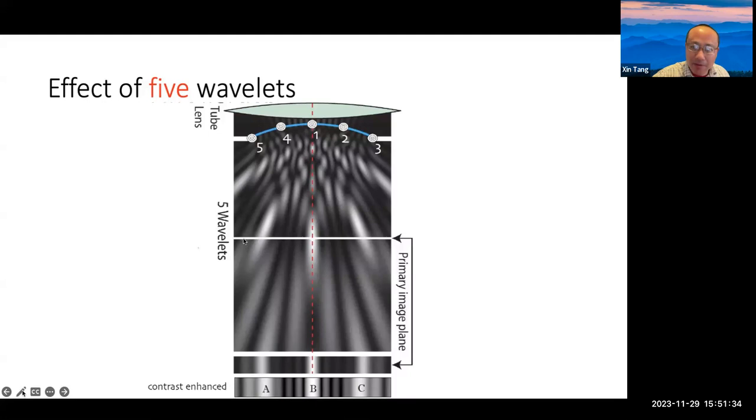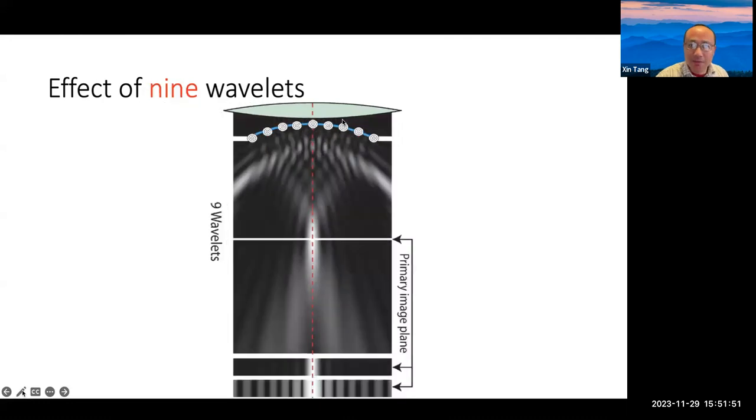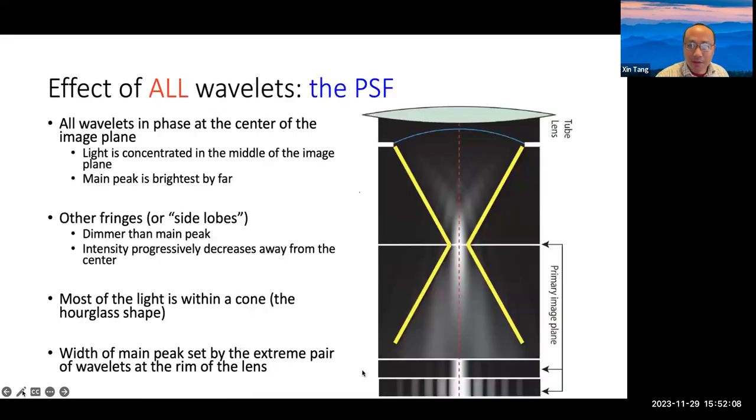If all of them interfere on the imaging plane, on the camera chip, they will generate this kind of pattern. That's if only 5 wavelets. If you increase it, if you have more, then you will find the center point, this is the focal point, becomes more and more strong, brighter, and the other parts receive more destructive interference, becoming less now.